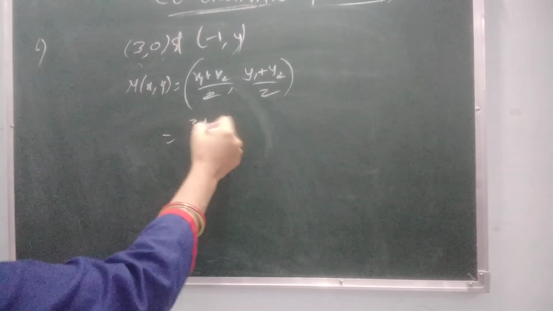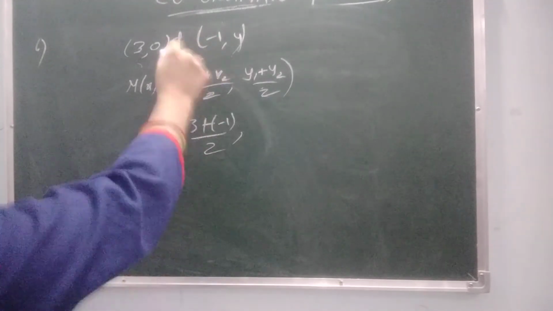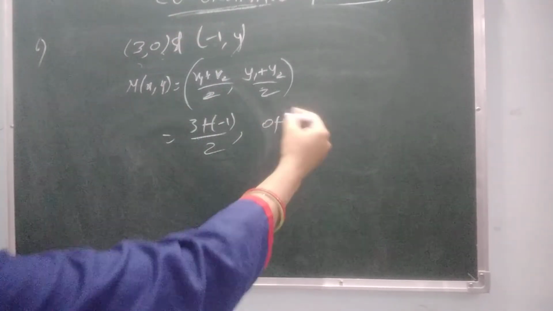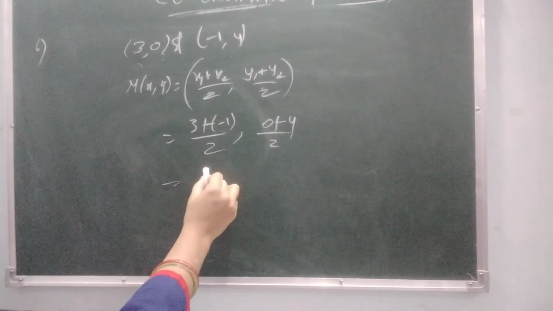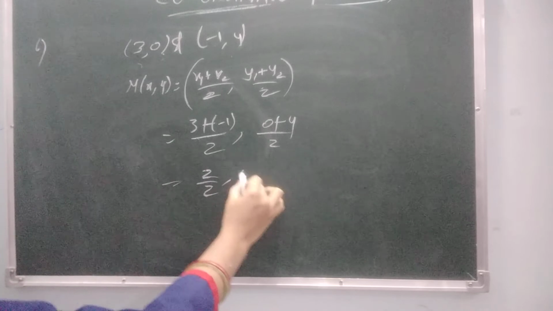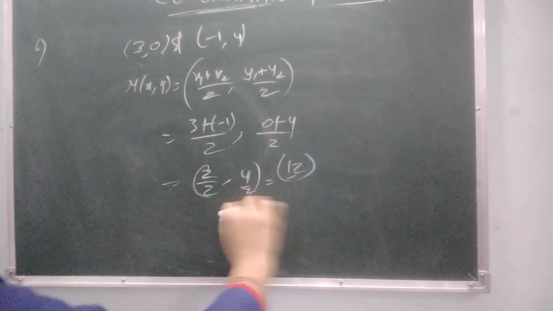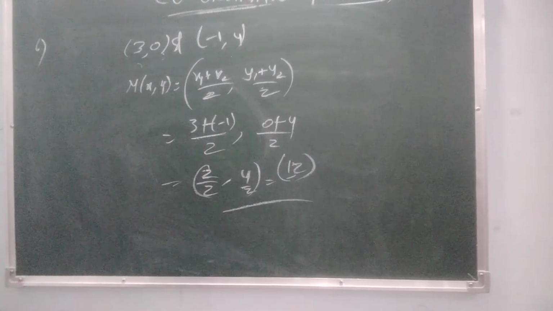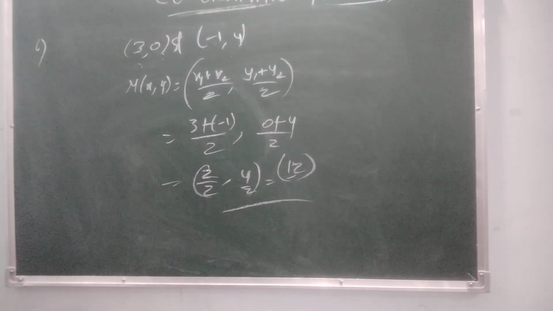We will get (3 plus minus 1) by 2 comma (0 plus 4) by 2, that means 3 minus 1, 2 by 2 comma 4 by 2, that means (1, 2) is the midpoint. For midpoints we have to do it like this.